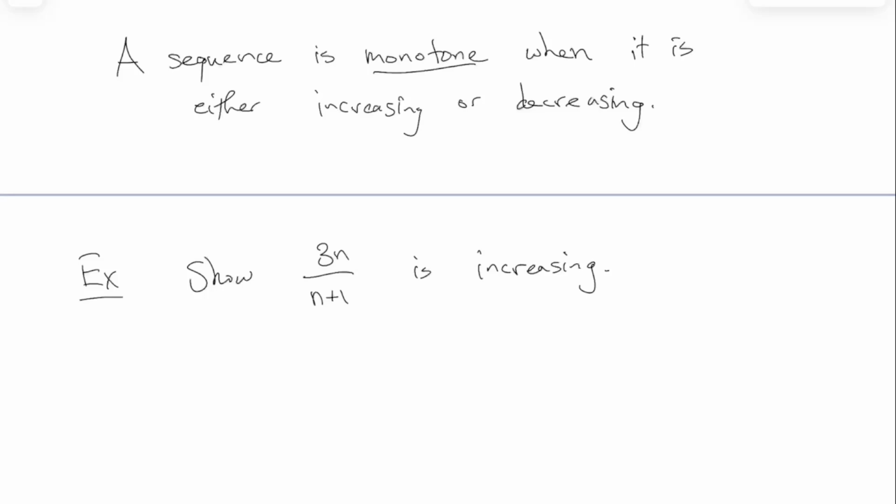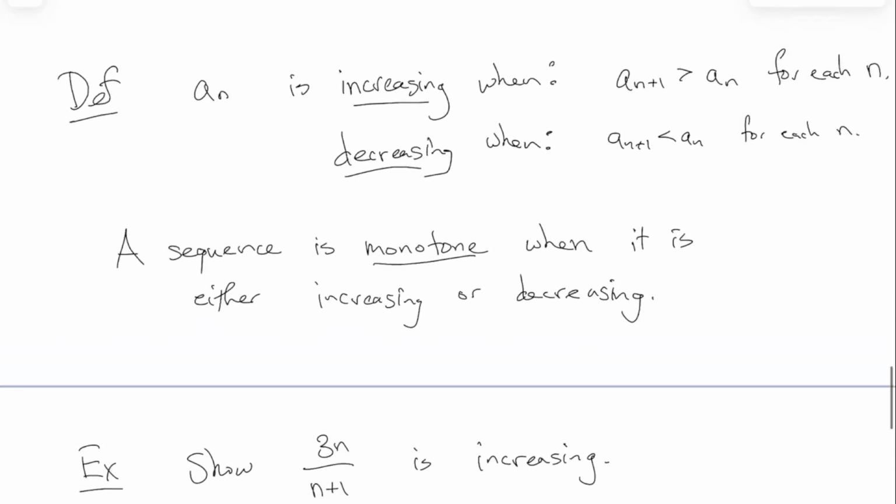What it means, according to the definition. Now, you might think that this would have something to do with derivatives, because if I ask you to show me that a function is increasing, that means the derivative is positive. But actually, that is not the definition of increasing for a sequence. The definition of increasing is this right here.